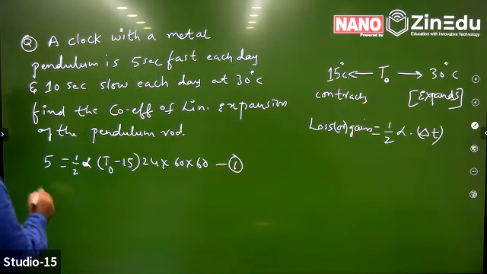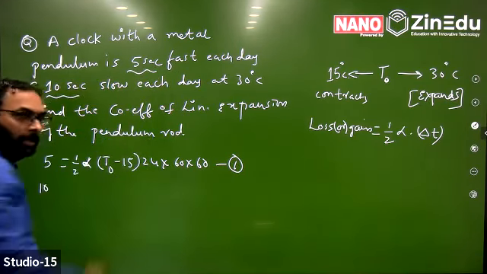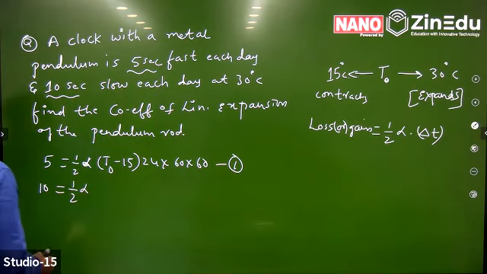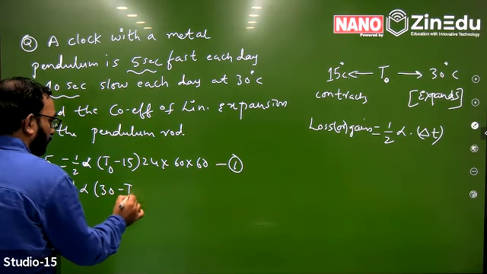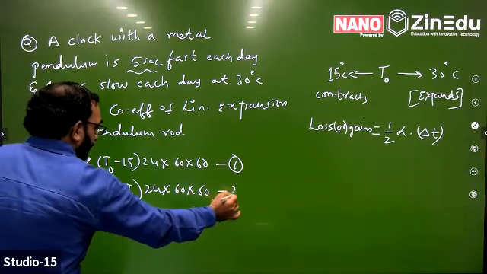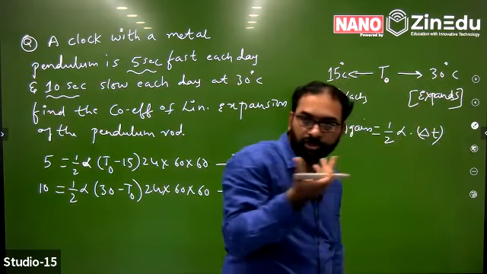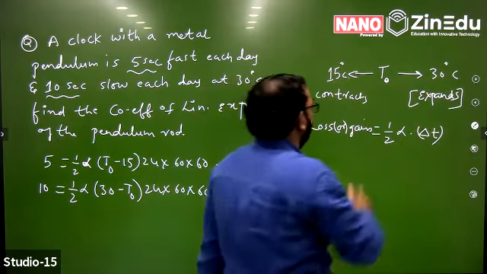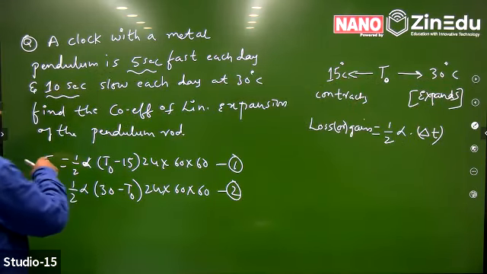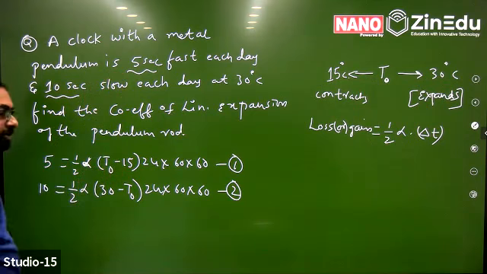Next, the second one is 10 seconds. Two values are there: 10 seconds and 5 seconds. So 10 equals half into alpha into (30 minus T naught) into the same 24 into 60 into 60. This is the second equation. The temperature change is 30 minus T naught for one case, and T naught minus 15 for the other case. When the clock runs fast, 5 seconds fast, the temperature change is T naught minus 15.